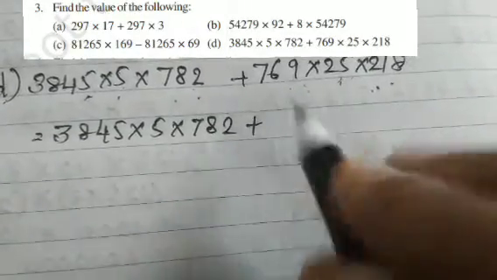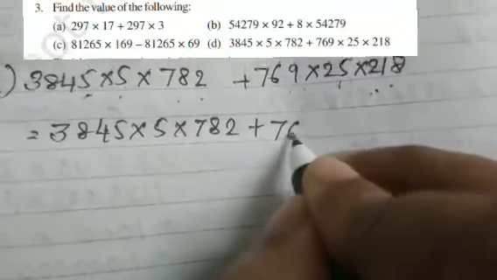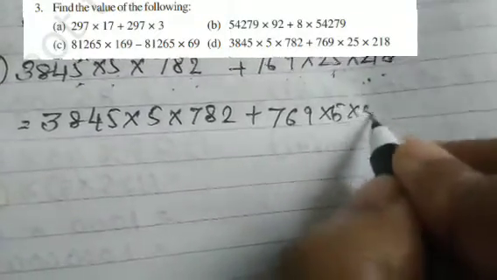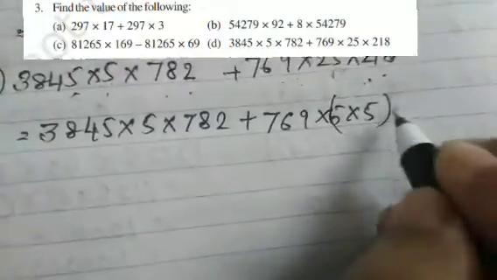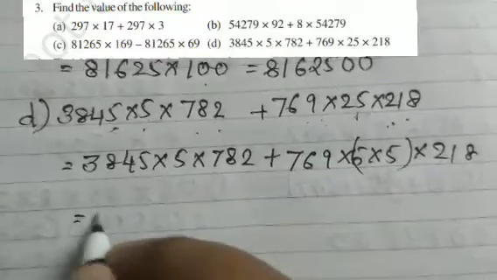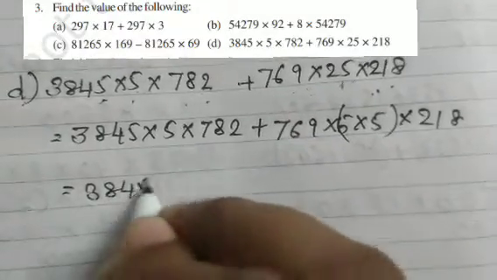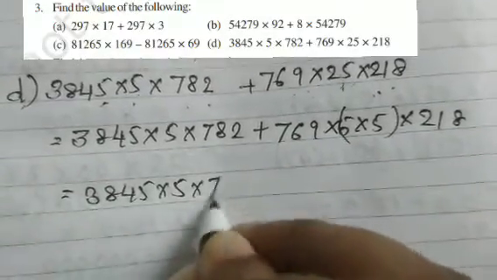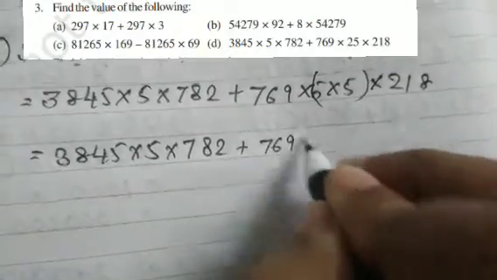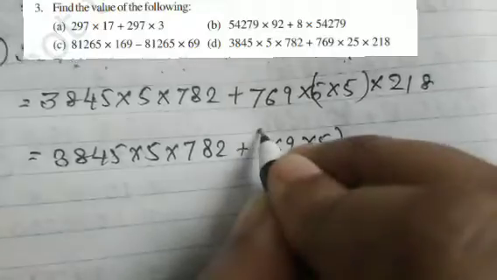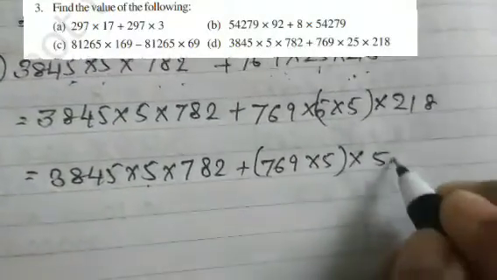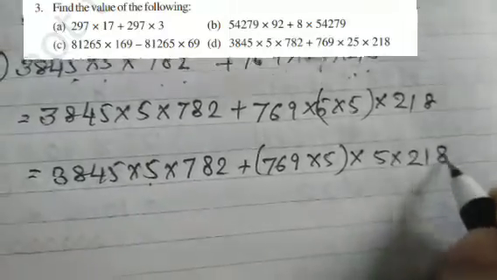So what if I do this? 769 into this 25 can be written as 5 into 5 into 218. So now what I will do is 3845 into 5 into 782 plus 769 into 5. Then into 5 I am getting 5 in here, and I am getting 218 over here.